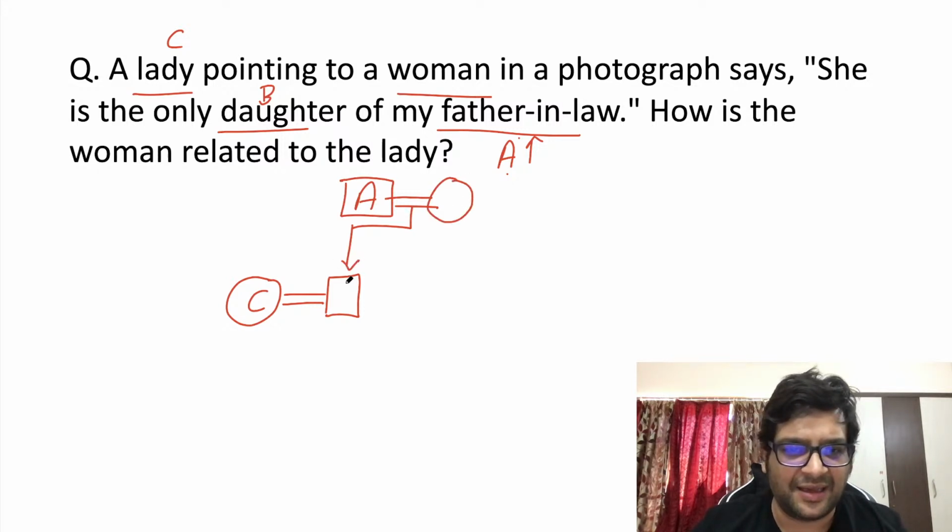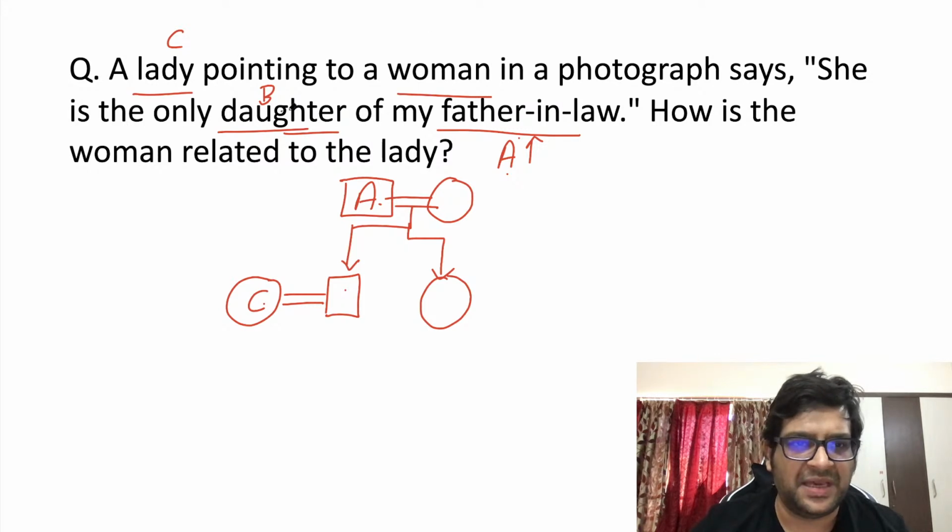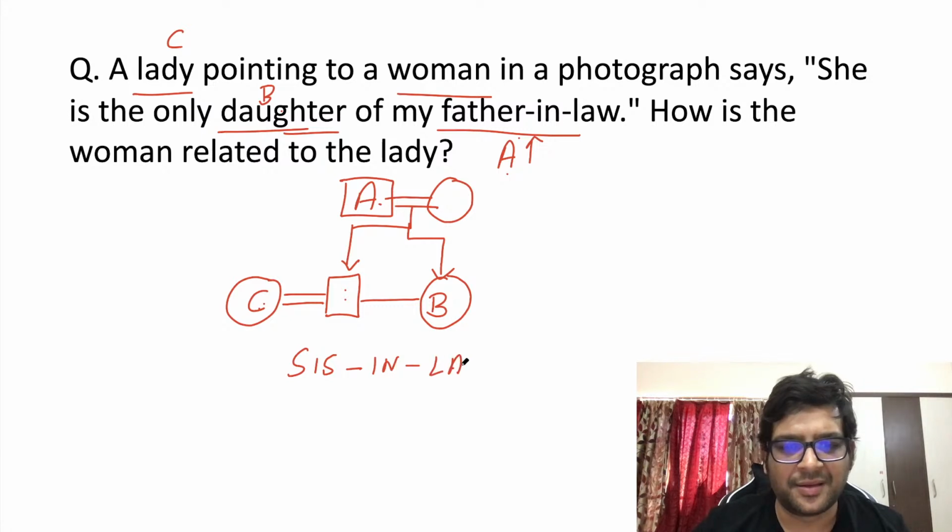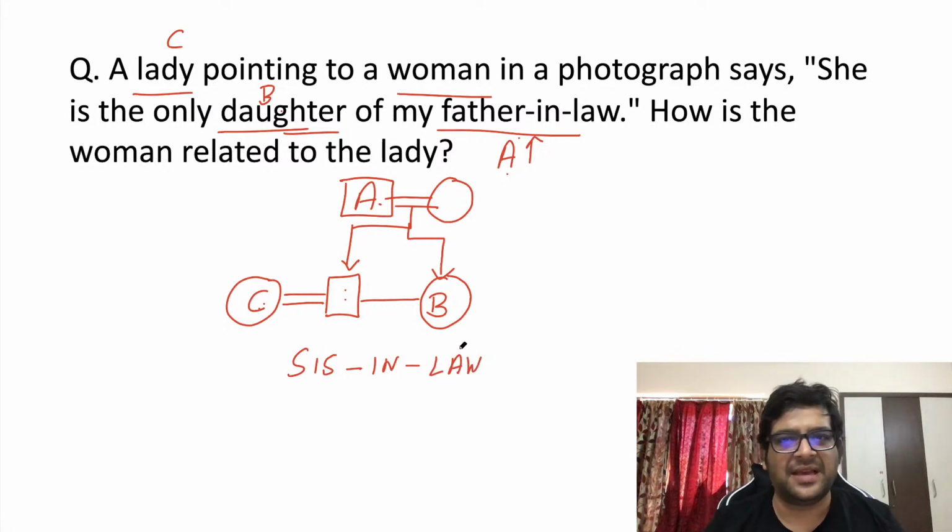Their child is the husband of C. She is the only daughter of A, she being B. Now we are asked for the relationship between C and B. Since the husband and B are brother and sister, B and C will be sisters-in-law of each other.